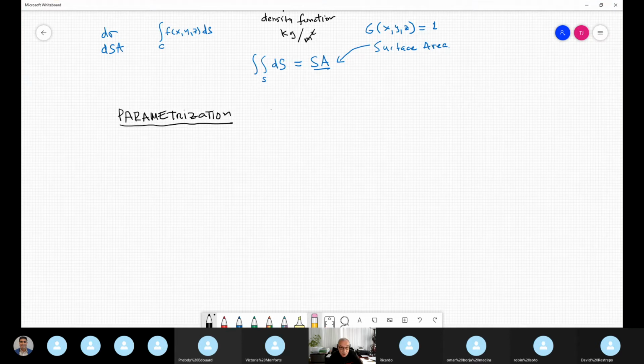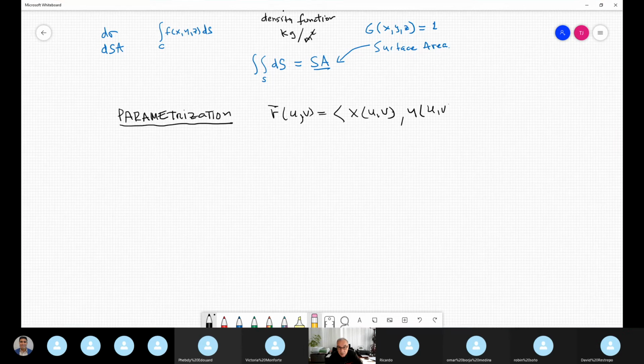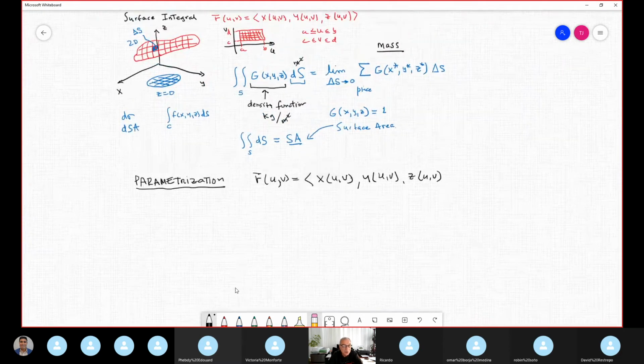The parameterization is r(u,v) equal to something, no? x(u,v), y(u,v), z(u,v). So when you are doing the parameterization, suppose I am doing a zoom of this surface. Here, zoom.